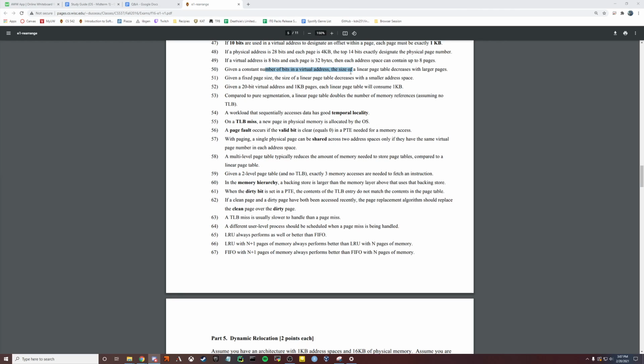Does the page table stay the same, even with larger pages, but with fewer pages in the same table?